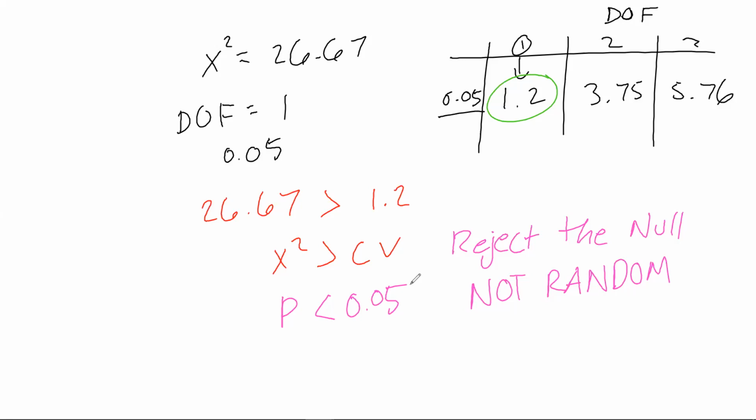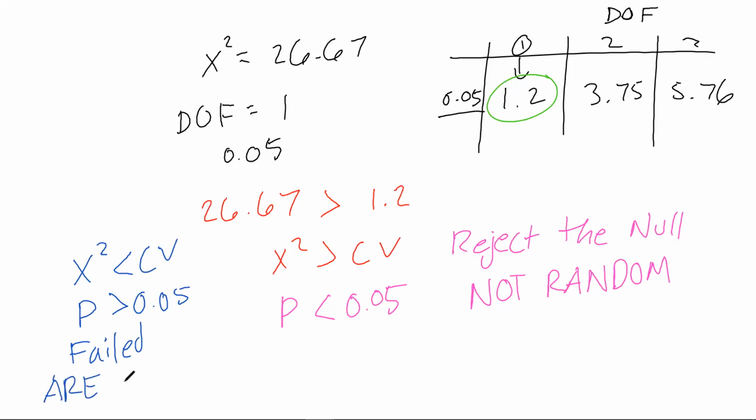If this situation was reversed, if x squared is less than the critical value and p is then greater than 0.05, then I have failed to reject the null, and my results are random.